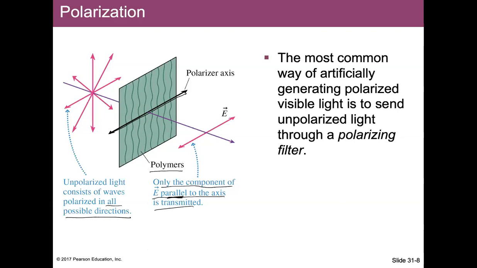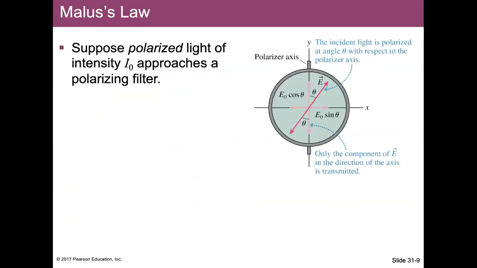So now let's see if we can actually quantify what light goes through that polarizer. That's where we come to Malus's law. Suppose polarized light of intensity I naught approaches a polarizing filter. So here it is coming in.